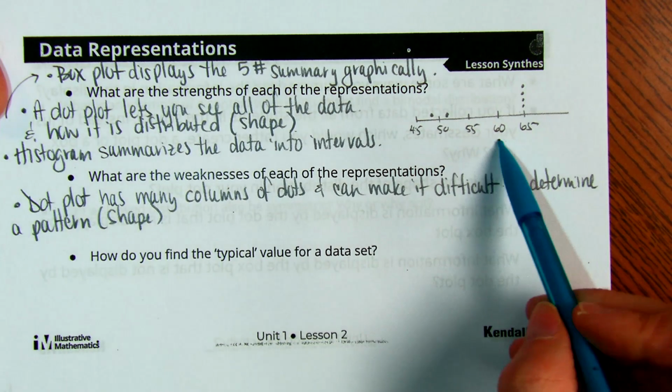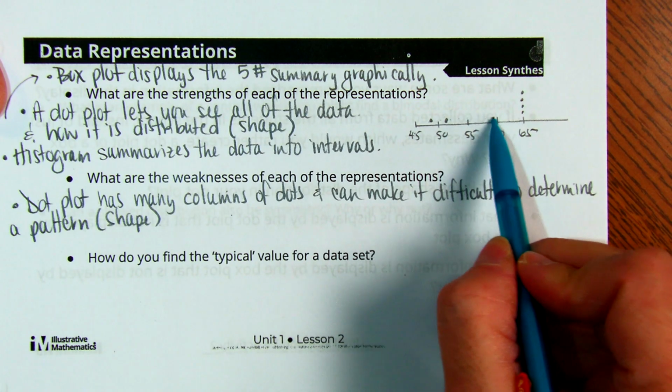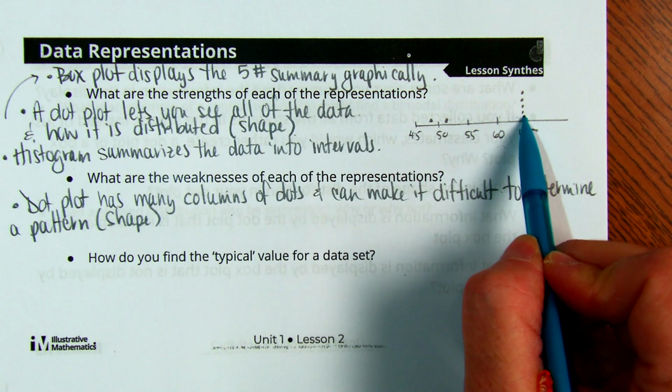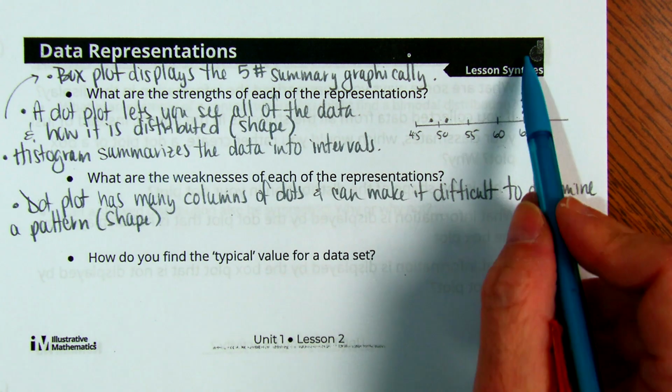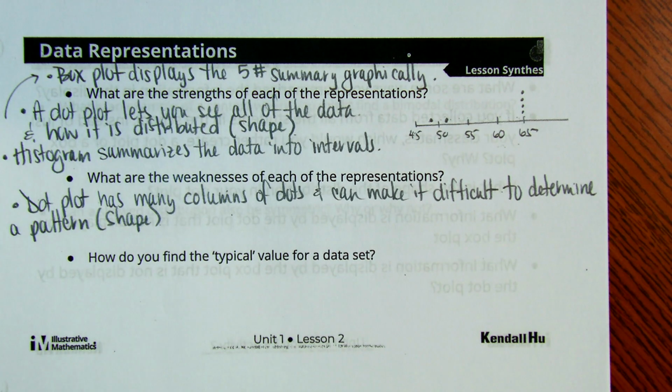So you can see if we would have continued with this one, we would have had one single dot on several of these all the way until we got to 65. Then we finally had more than one piece of data on the 65. So that would not have been a good choice for a dot plot.